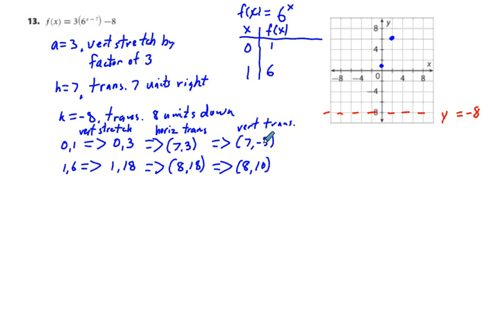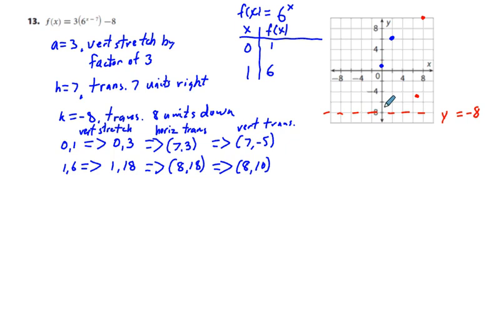We have the new points 7, comma, -5. So here's 7 to the right, and 5 down. And then the next one we have is 8, comma, 10. So we go to the right 8 and up 10. So right here.